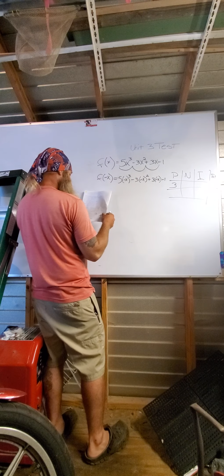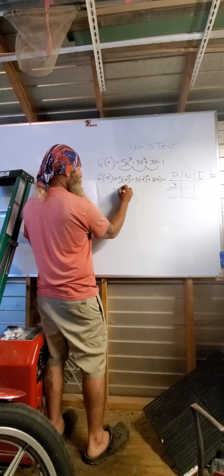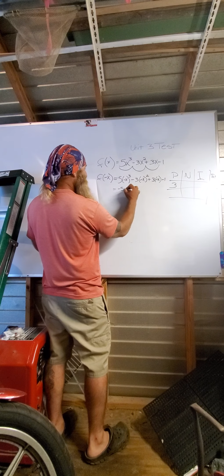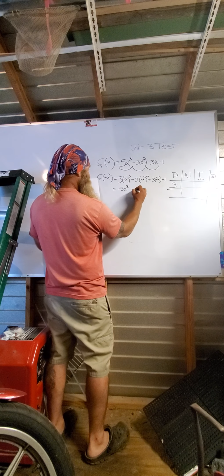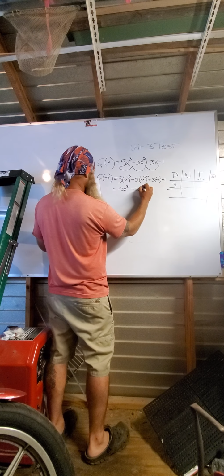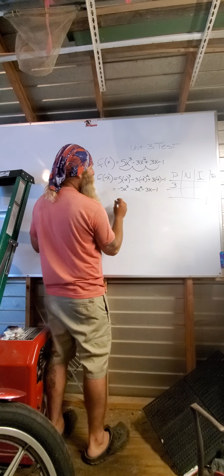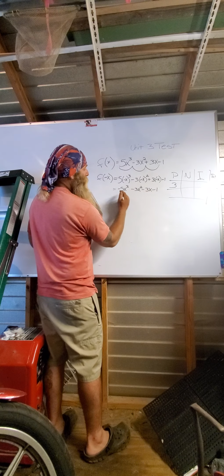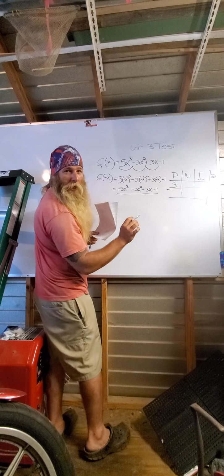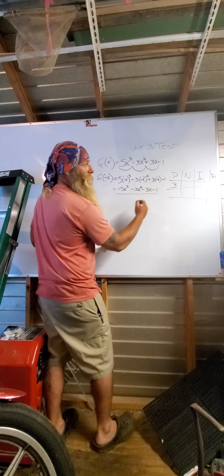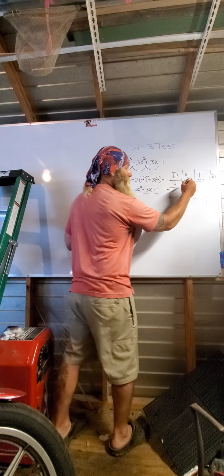So this comes out to negative 5x cubed minus 3x squared minus 3x minus 1. No sign changes. So I knew there was no negatives.